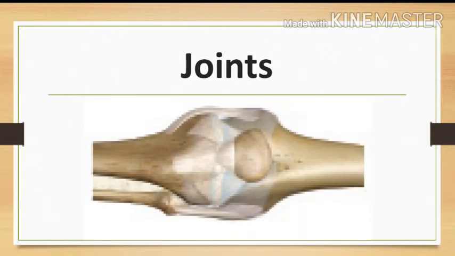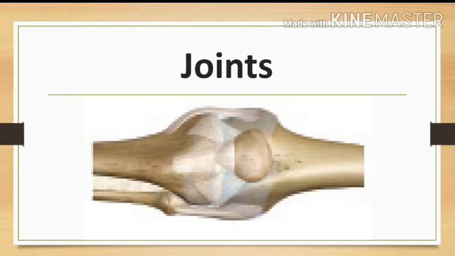Do you know what a joint is? Joint is the meeting place of two bones. Joint helps in movements as well as provides more flexibility to bones. The nature of movement varies with the nature of joints.